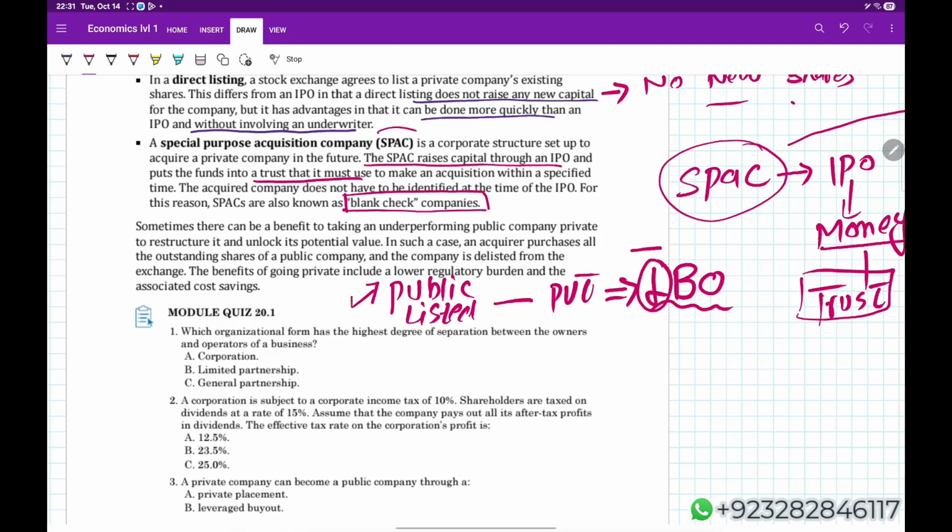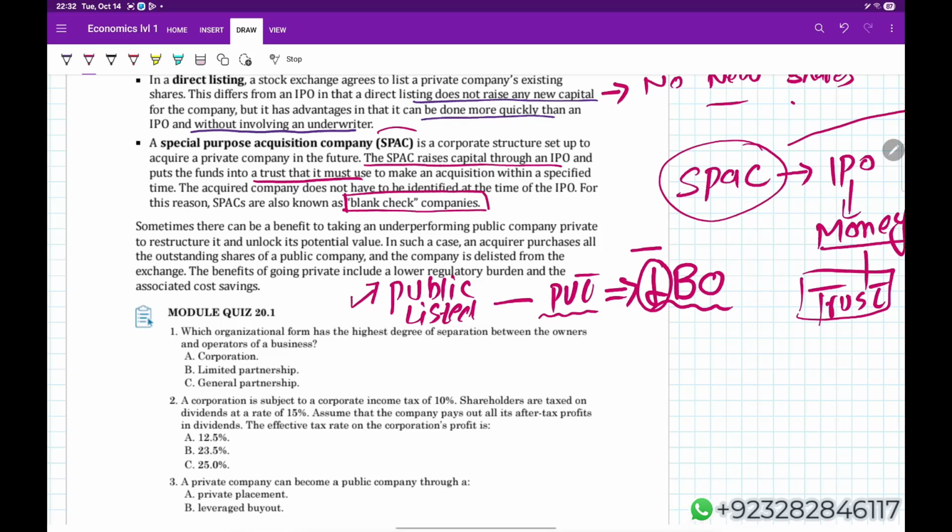So they borrow the money, then they convert the public listed entity into a private company, and the entity will be operating in the market as a private company. They are in the business, they are in the market, operating as a private company, right?